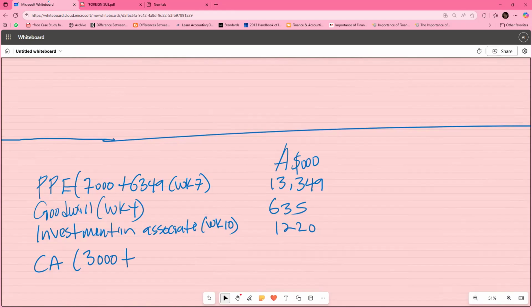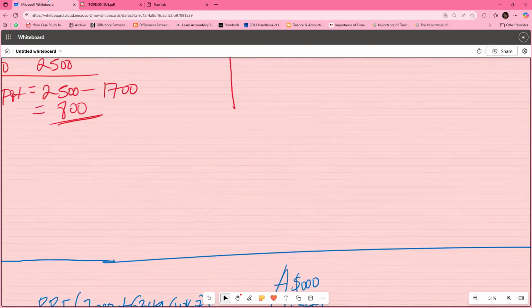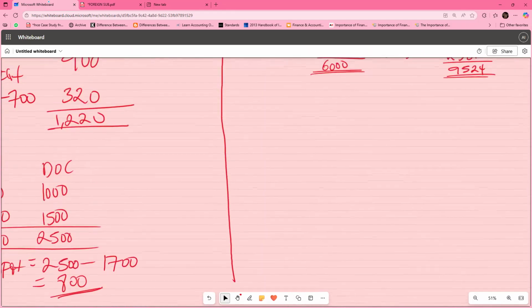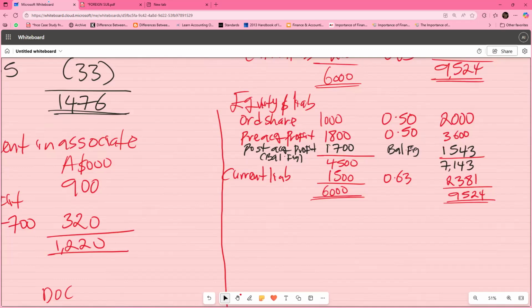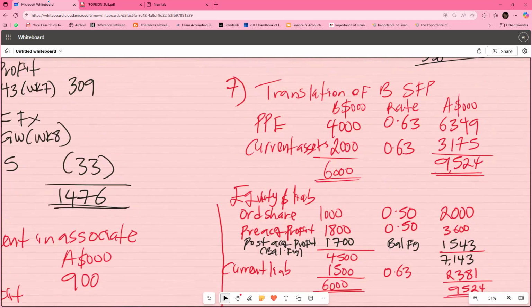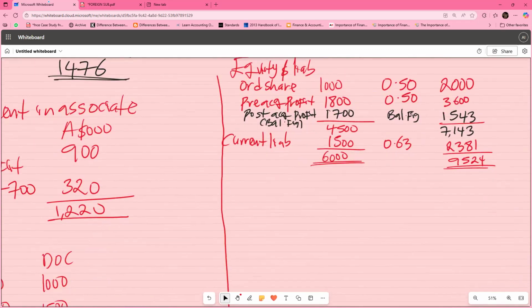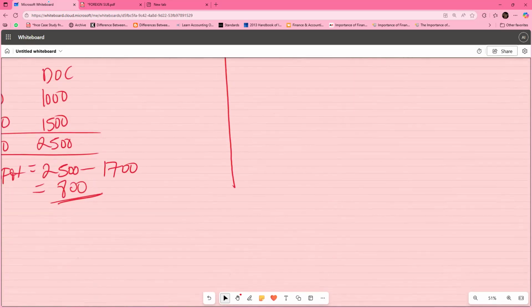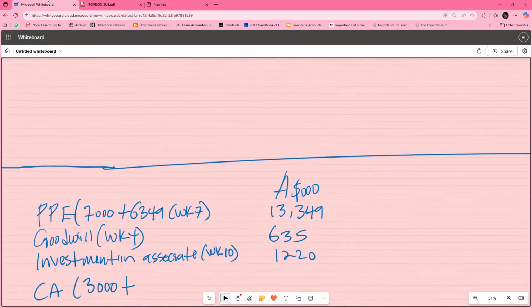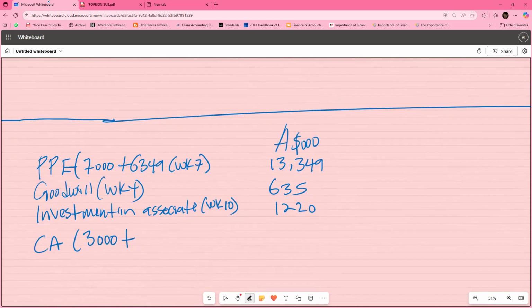Then we need to go back to working seven again. That's why I don't like to prepare statement of financial position, to be honest. 3,175, because you have to be going back up and down. 3,175. So this is your working seven.